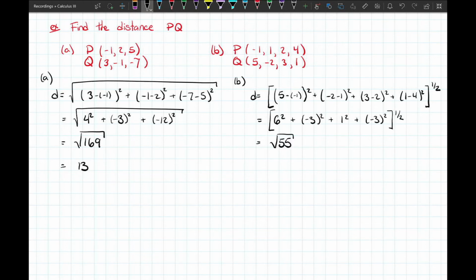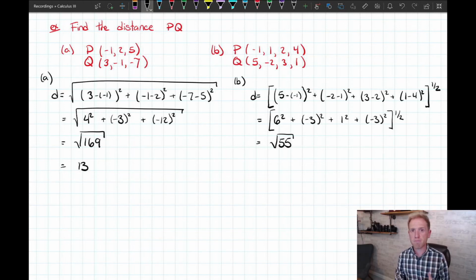Like I say, no guarantees that this is going to be a nice number, but we have the square root of 55. If you think about it, distance is some kind of function that can take as many dimensions as we like, apply some sort of computational formula to it, and it produces just a single real number. So this is kind of a glimpse of what a multivariable function looks like, but we'll be taking a look at those more specifically in a future video.